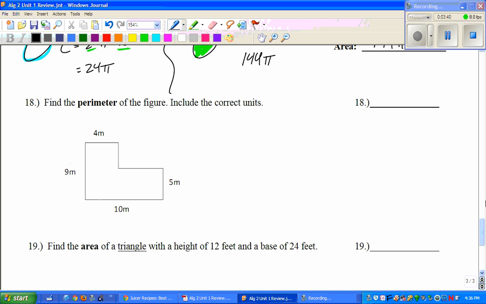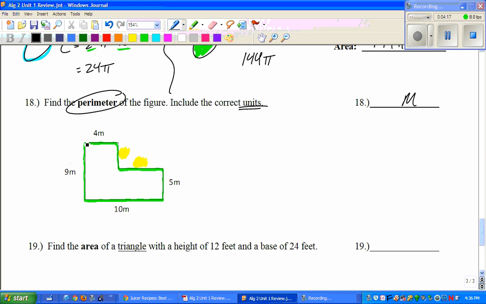Number 18. Find the perimeter of the figure and include the units. Right away, I don't want to forget the units, so our units are meters. Remember, perimeter is the outside, so we're going to be going all the way around. The only problem is we're missing 2 numbers here, so we have to figure those out.